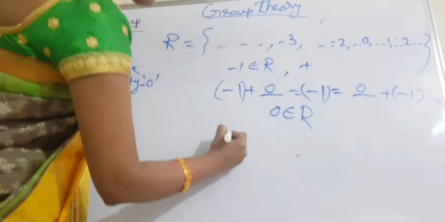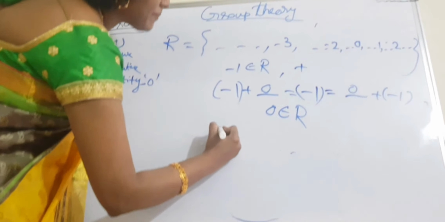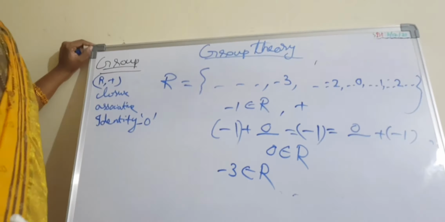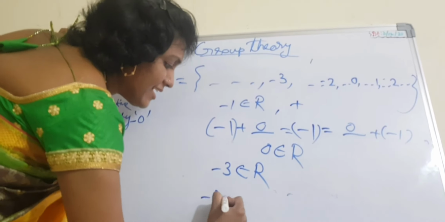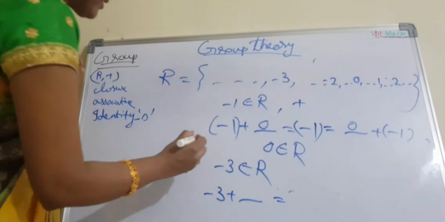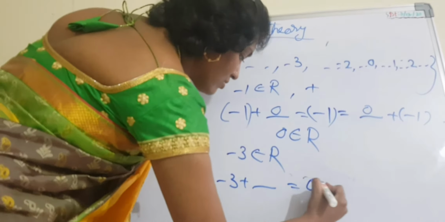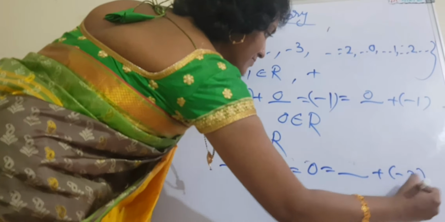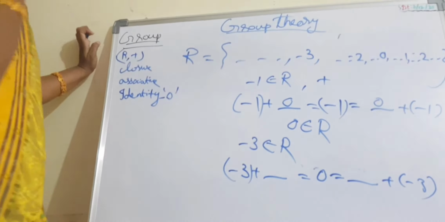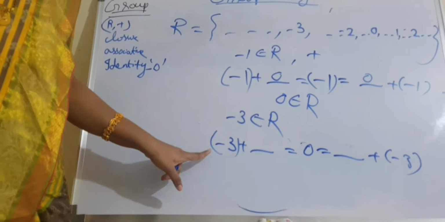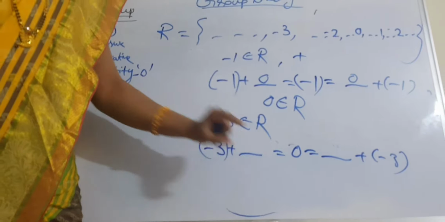Next, suppose -3 belongs to real numbers. The inverse of -3 plus -3 should equal the identity element, 0. When do we get 0?